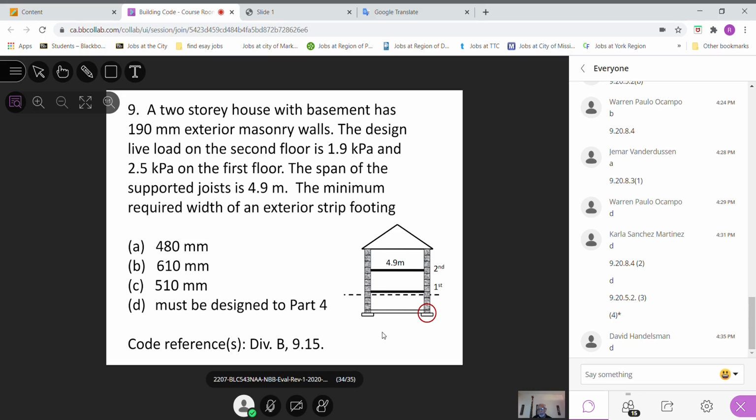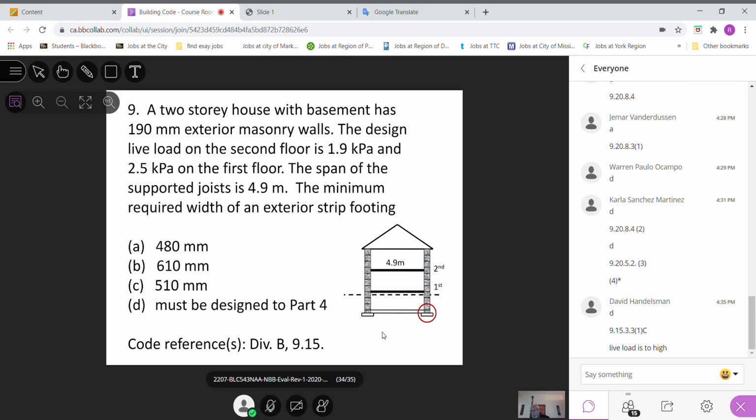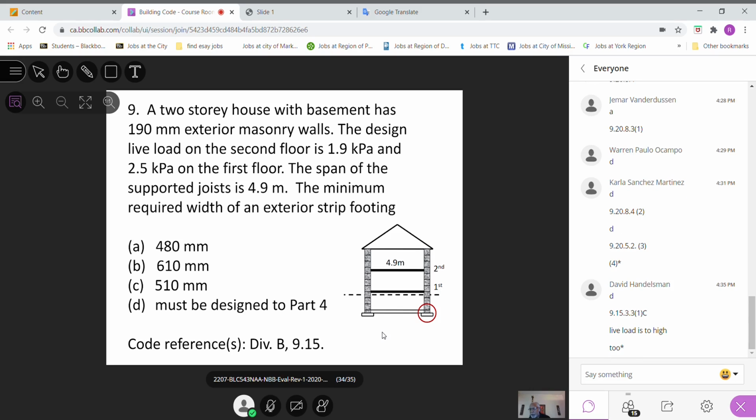D. Okay, David, it's a good shot. Why did you choose D? Right, 9.15 bracket 1. That would be 9.15 or 9.15 bracket 3, which one?